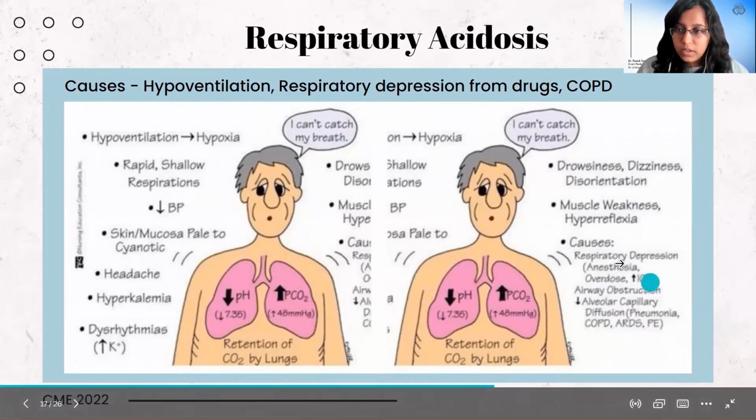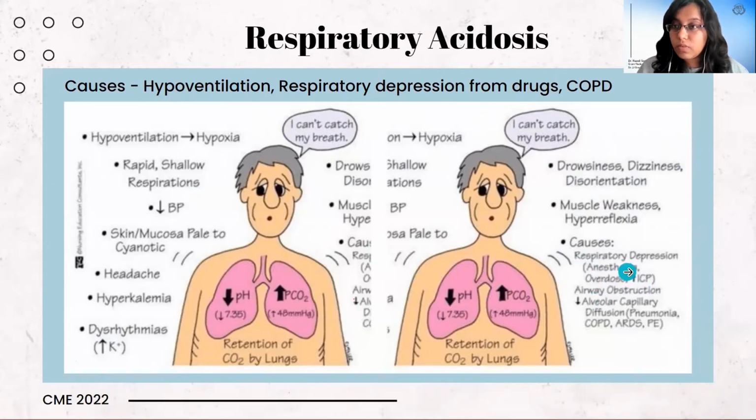Okay. So as you can see, respiratory depressants, again, anesthesia, because the side effect of anesthetics is that it depresses your respiratory center. It makes you sleepy, right? An anesthetic will put you off to sleep. So it can depress your respiratory center too. Then your drug overdoses, increased intracranial pressure. So head injury. If your head injury has a brain bleed, it will depress the respiratory center and cause hypoventilation.